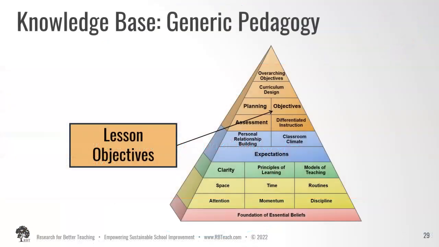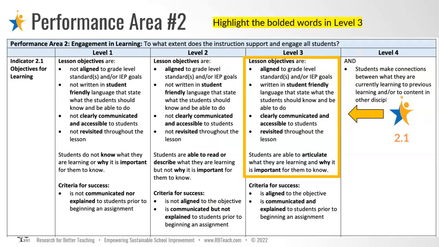So let's take a look at this idea of objectives, lesson objectives. Notice on the framework those bold-faced words in 2.1, objectives for learning, that highlight the importance of what we are looking for in the classroom when we look for lesson objectives.